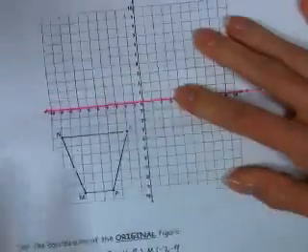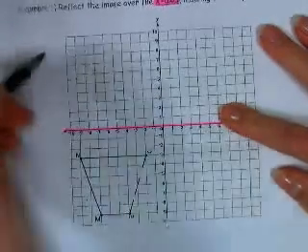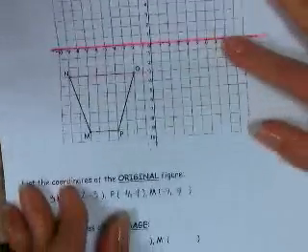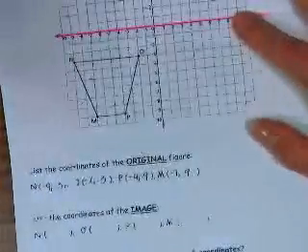So if I'm starting off in quadrant 3, it's going to flip back up into quadrant 2.